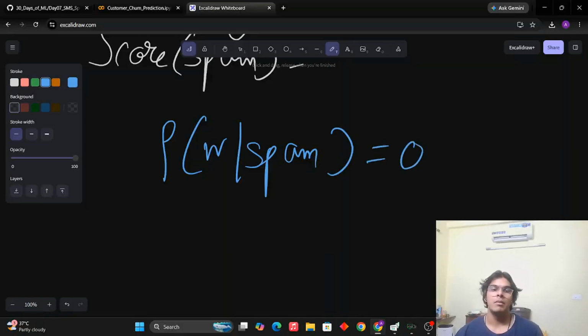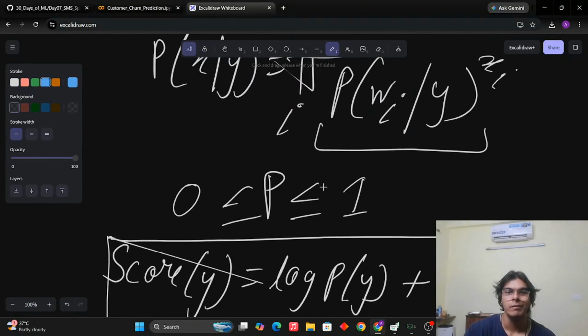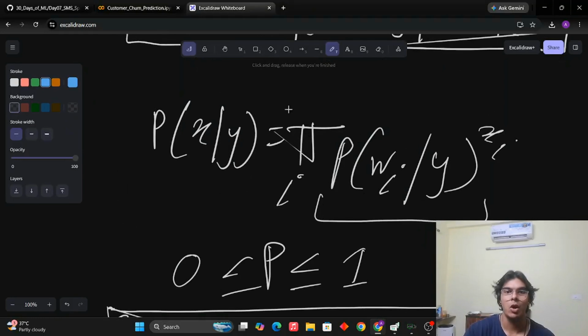So I'm calculating some likelihood score, and I get the probability of the word, given that it is spam, to be zero. Now, what's going to happen is you saw in this formula how we are calculating the product of all the likelihoods, the product of all the evidences right here.